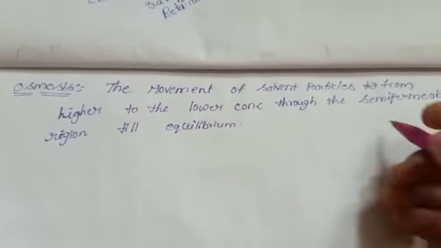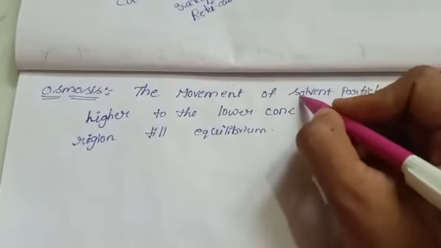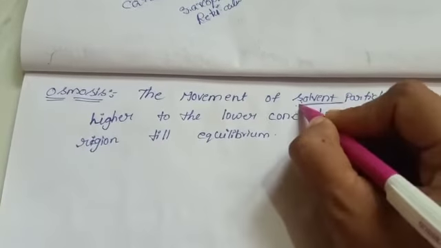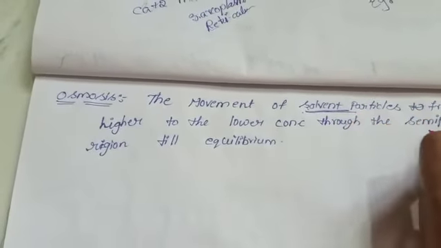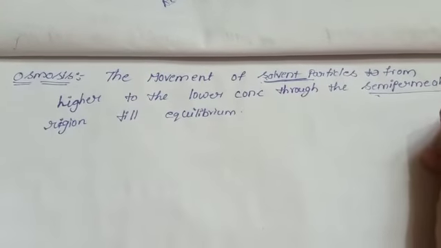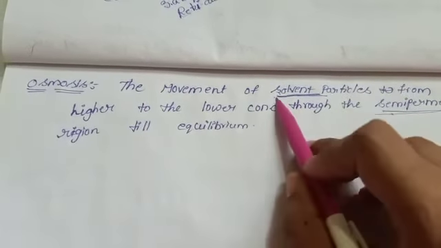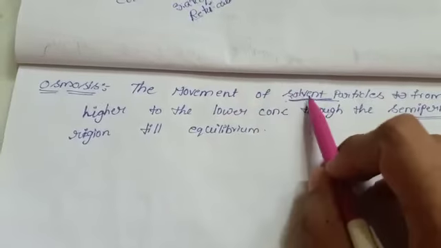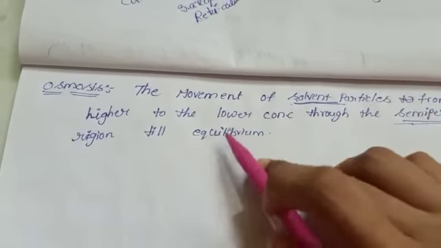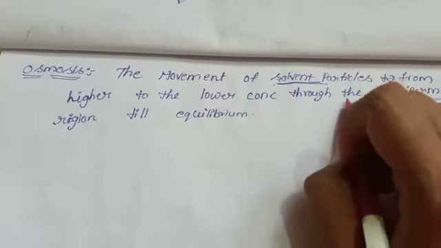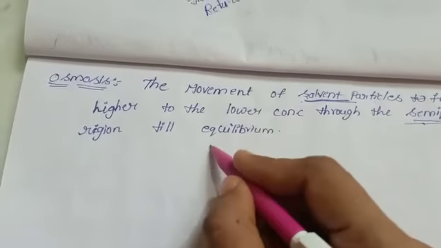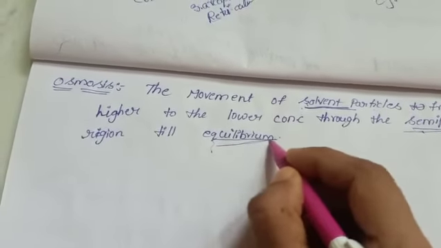Listen carefully: there are solvent particles and a membrane called a semi-permeable membrane. The solvent particles move from higher to lower concentration through the semi-permeable membrane till the equilibrium state.